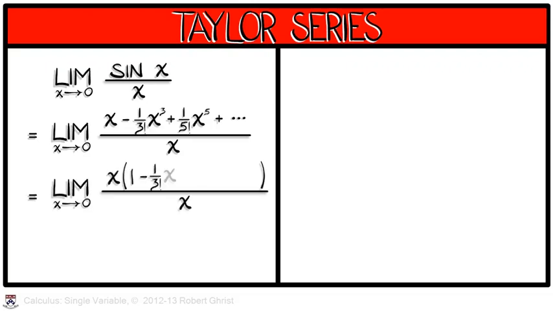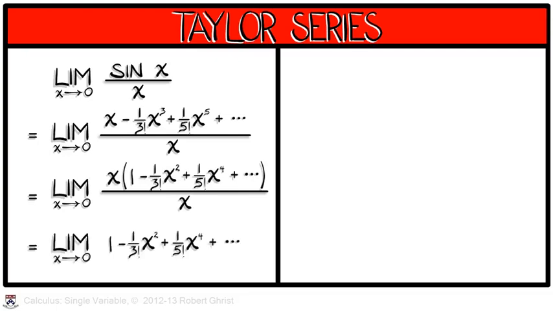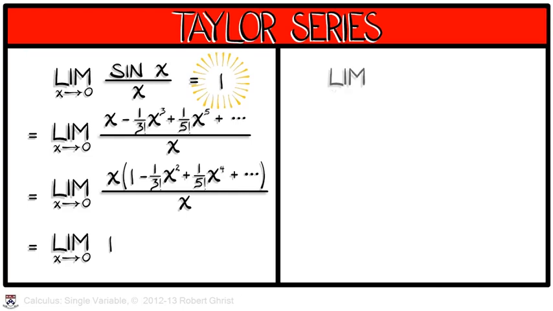Well, I look at that and say, hey, we could factor out an x from the numerator and cancel that with the x in the denominator, yielding the limit as x goes to 0 of 1 minus x squared over 3 factorial plus higher order terms in x. Sending x to 0 gives us an answer of 1. The limit makes perfect sense.